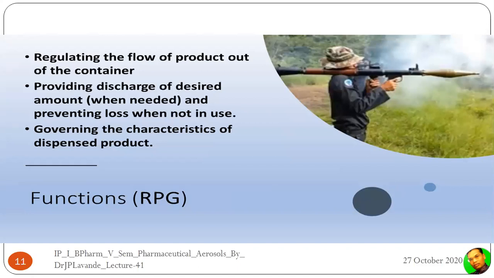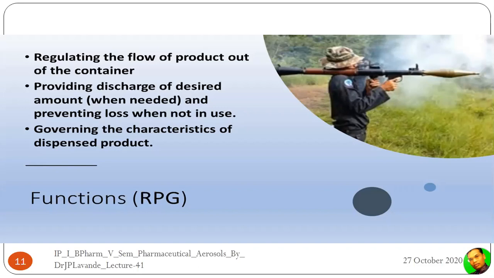The valve is responsible for regulating the flow of product out of the container, the way I told you: whether it has to come out in the form of a continuous stream, a short metered dose, a fine mist, or a coarse or fine droplet. So that is regulated by the valve.